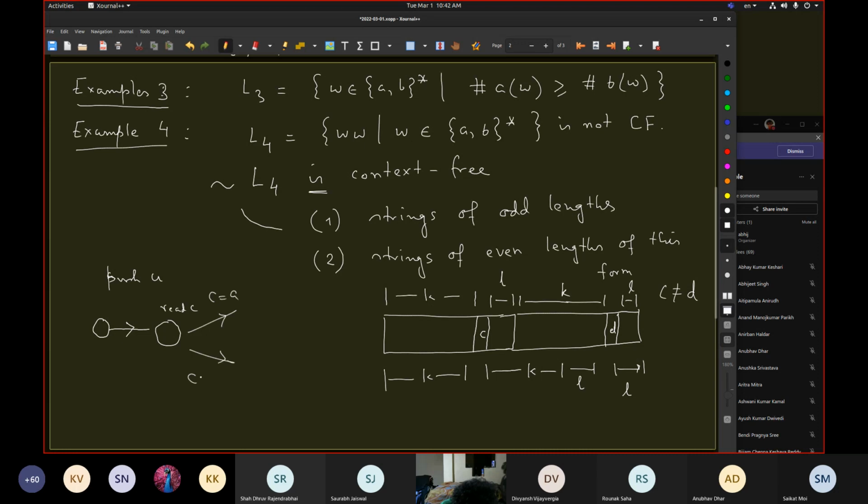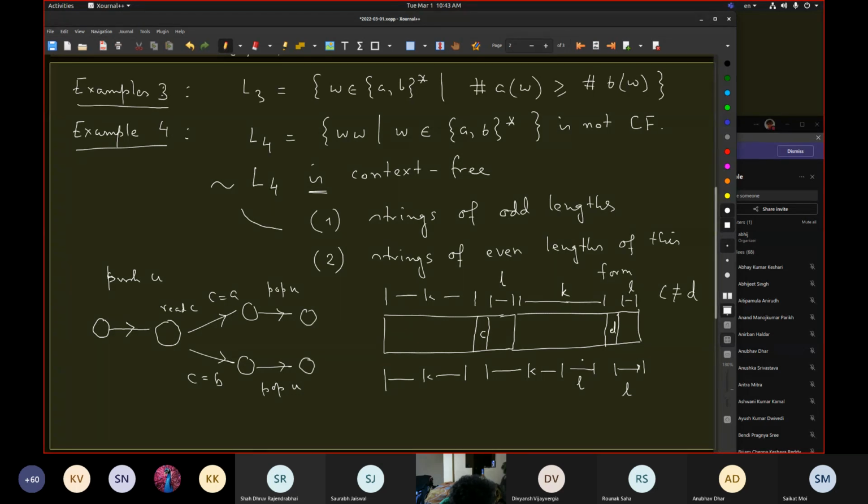If C is B, you go here. Of course, this is not exactly the standard notation of designing a PDA. And here you keep on popping U, pop U. And this will continue until the bottom marker is exposed.